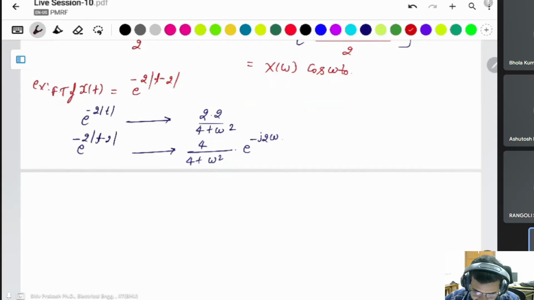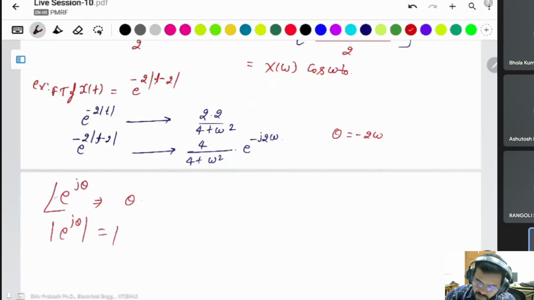But if you give some delay here in the time domain, then it will provide some phase. That phase is known as theta, and that theta will be minus 2 omega because of e to the power of j theta. The angle of this one will be theta, and the magnitude of this one will be 1 because there is nothing else here.